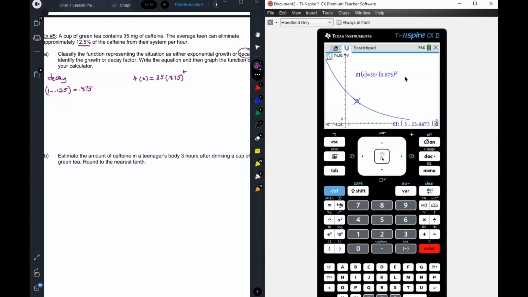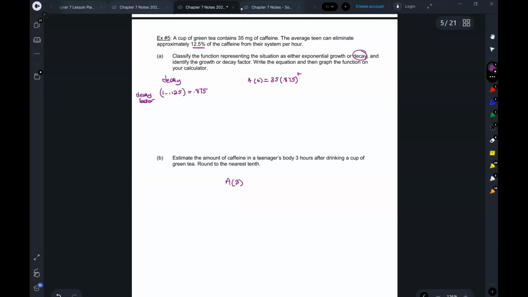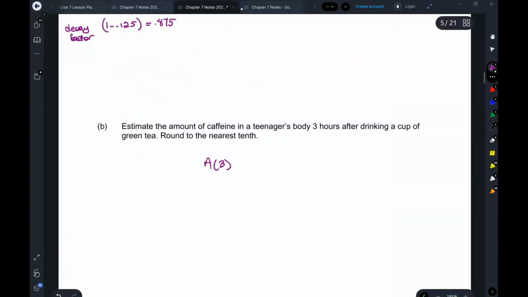There are so many different ways of doing this. A of 3 is actually 35 times 0.875 to the power of 3. So you could have plugged it into your calculator, or you could get it from the graph, so it's about 23.45 milligrams.